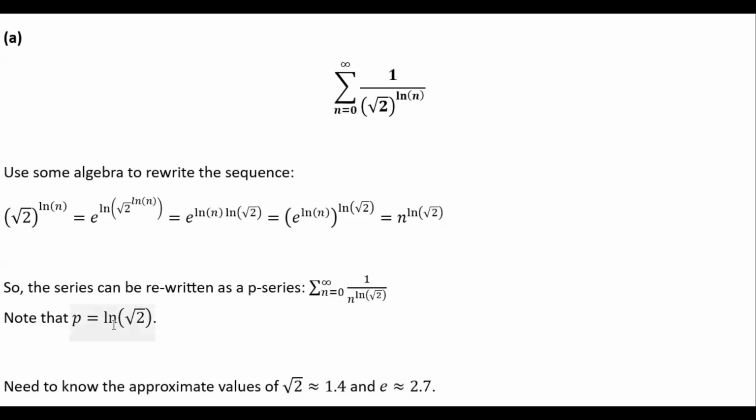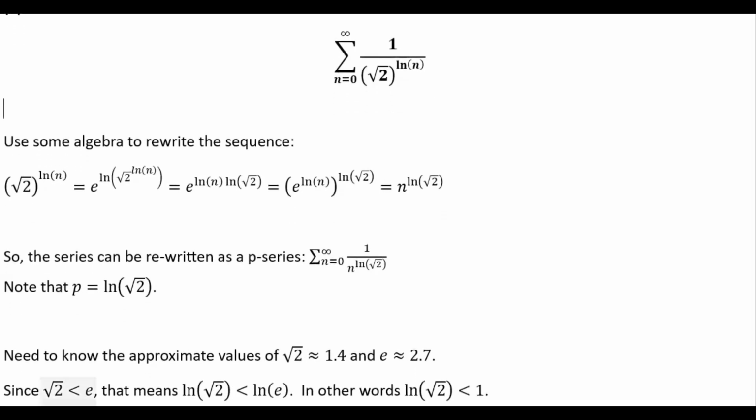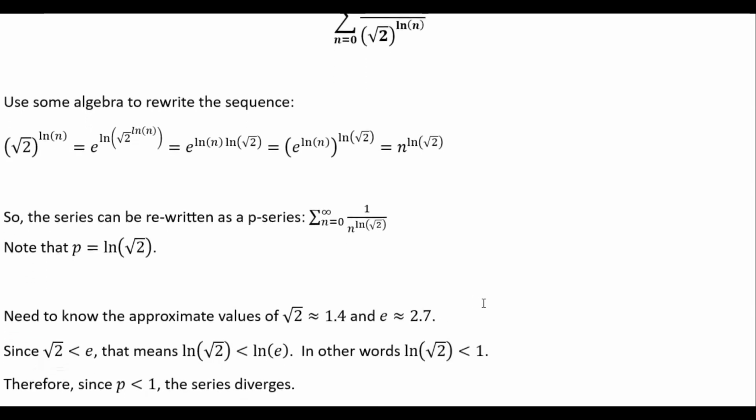Because ln of e is 1, so that means p equals 1 if p equals ln e. Square root 2 is even smaller than e, so p is for sure less than 1. ln of square root 2 is less than 1, so the series diverges.